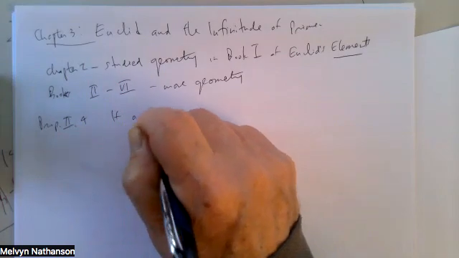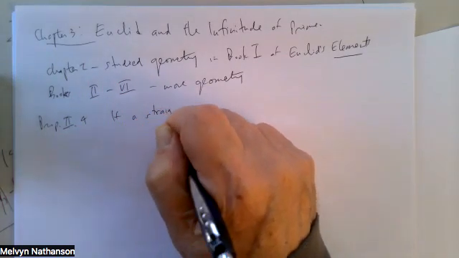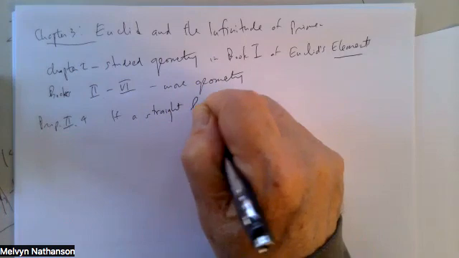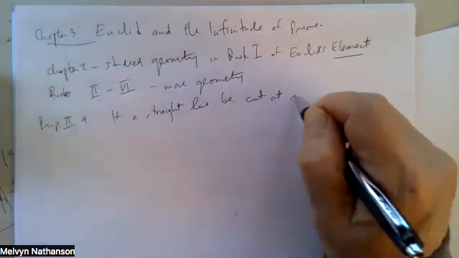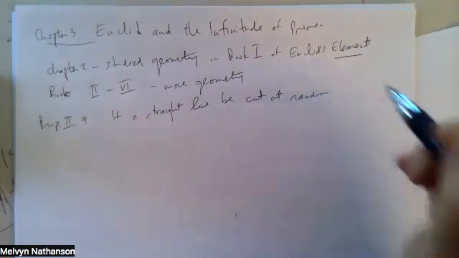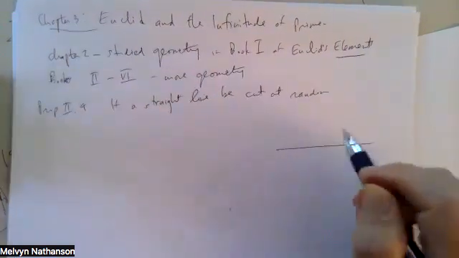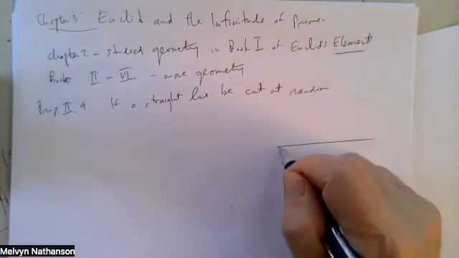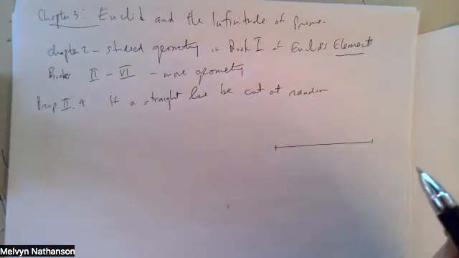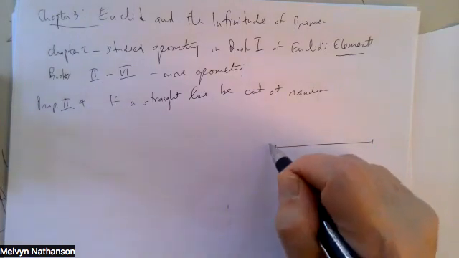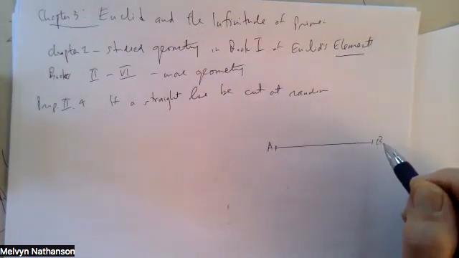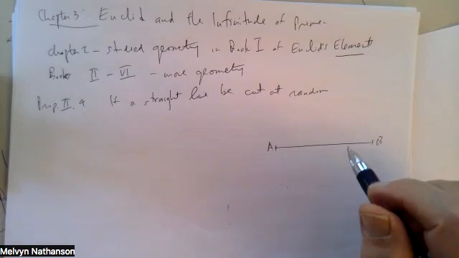And it says, if a straight line be cut at random, so here's a straight line, A to B, and you cut it at random.